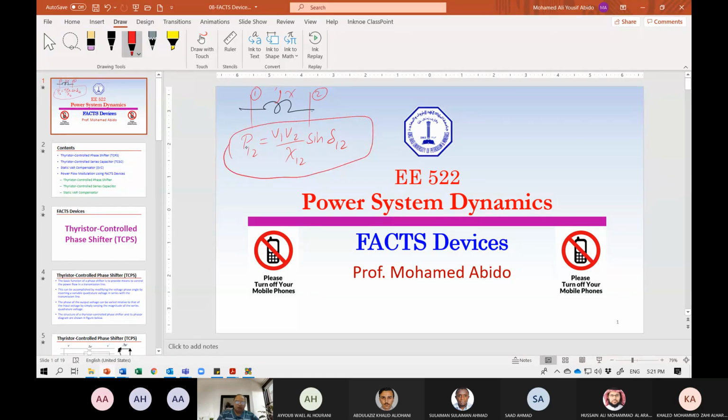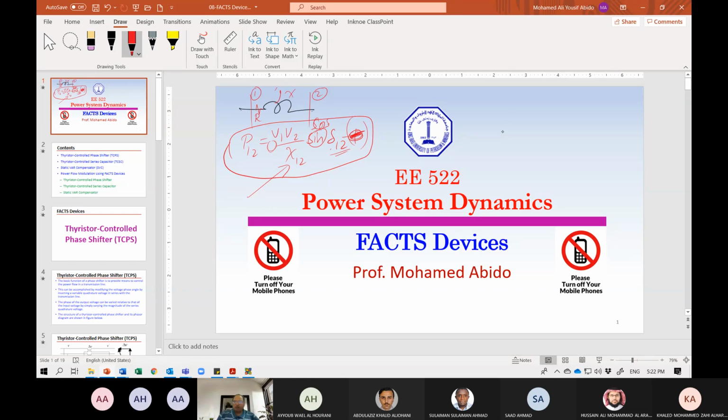Of course, this pure sinusoid will be distorted if we add a resistance. If we have a resistance in the line, we have another term, and this angle will be shifted by minus phi, and this sine becomes cosine, and this is the angle of the admittance. We discussed all this in detail in multi-machine.